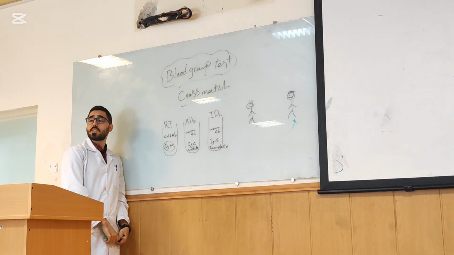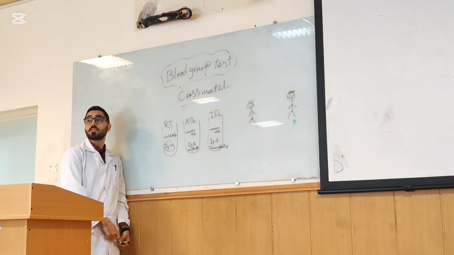If you see any agglutination in any of the tubes, you don't allow transfusion and you say the cross-match test is positive between donor and recipient.